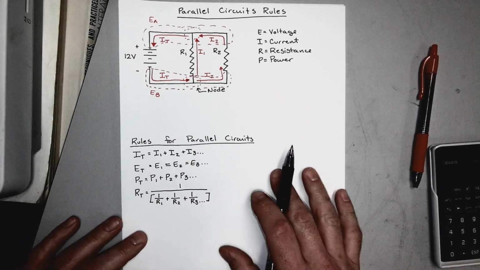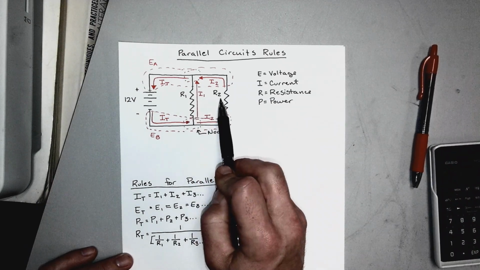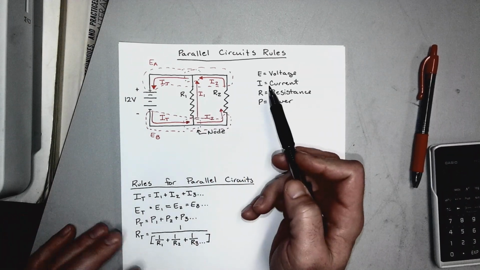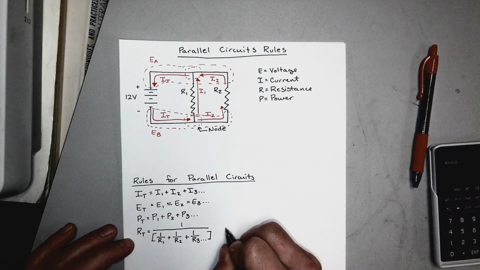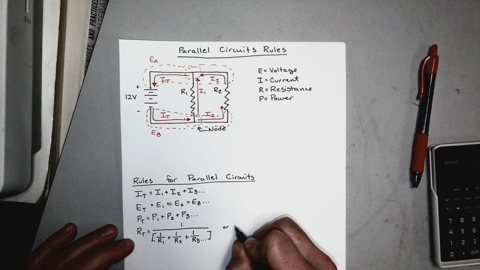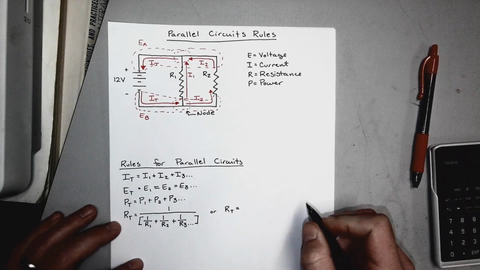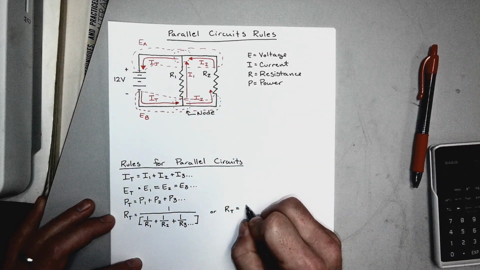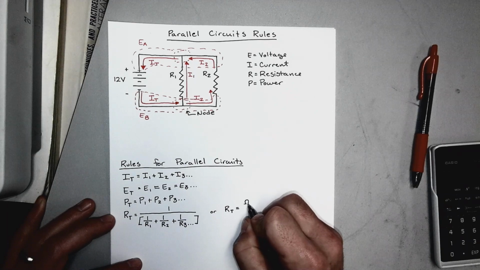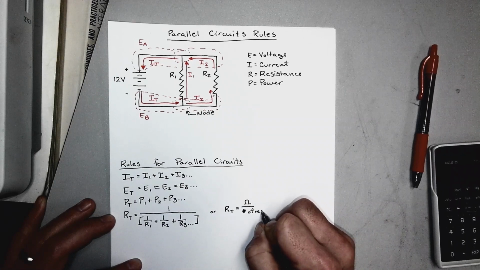Oddly enough, if we have resistors that are of the same value, let's assume that R1 and R2 are both 10 ohms, then what we'll find is that RT is equal to the resistance value of one of those, so let's just use the ohm symbol to show that, divided by the number of resistors.